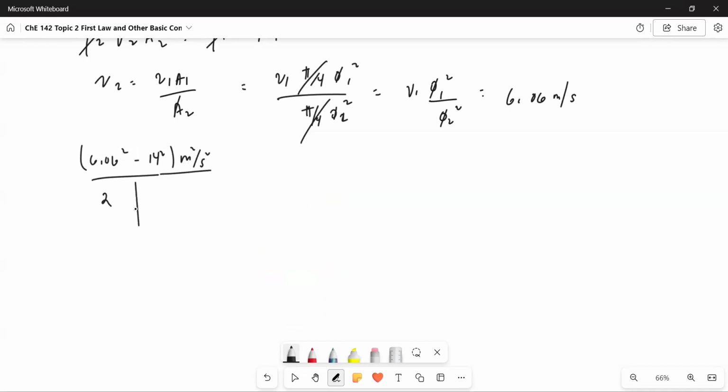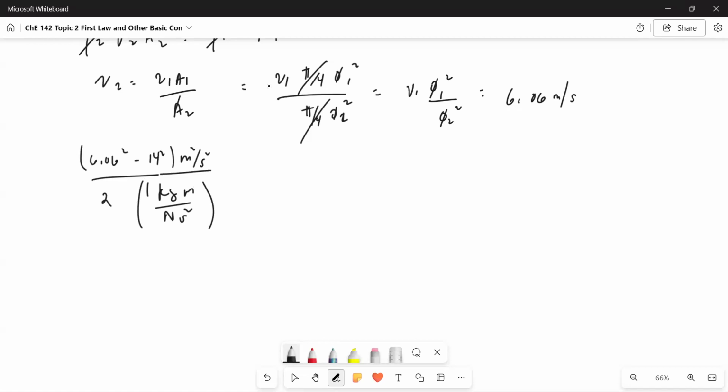The conversion constant for SI is 1 kilogram meter per Newton second squared.